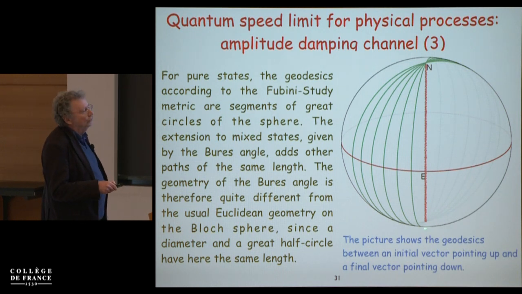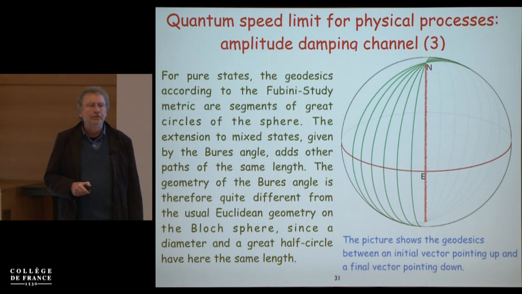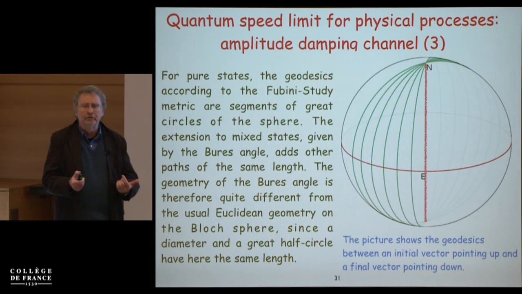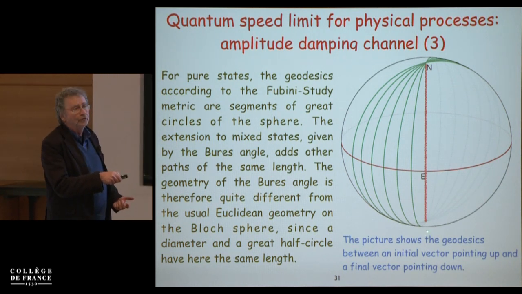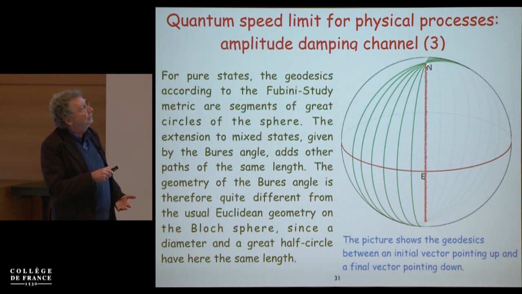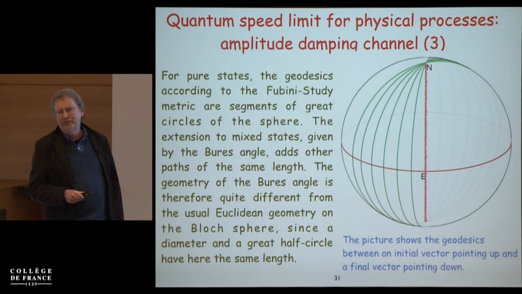But these are also geodesics on the Bloch sphere. In other words, if you use this metric here, you can find several geodesics, say between the North Pole and the South Pole. Of course, along the surface of the sphere is obvious. But furthermore, you can show that the length of this line here is equal to the length of this curve on the surface. You have to calculate it to believe.